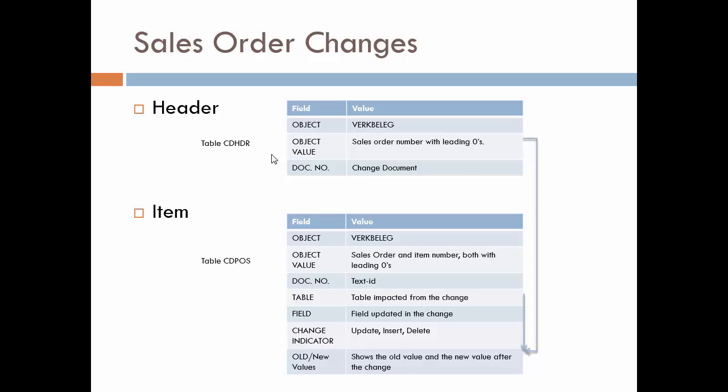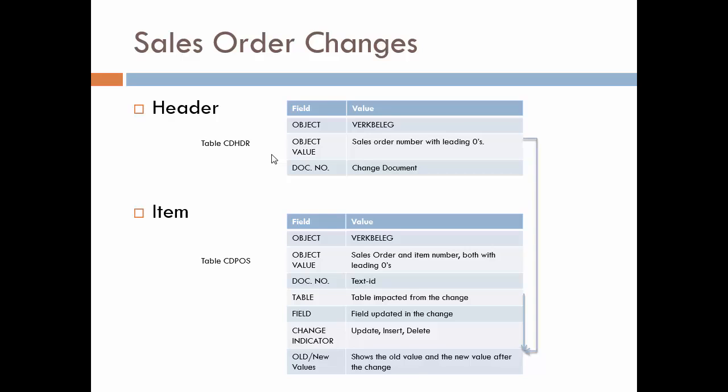So real quick, we've got two tables capturing the changes. We've got the header and the item, okay? The header, CDHDR, is going to capture for us the object that has the change, basically where the change was made to an order.